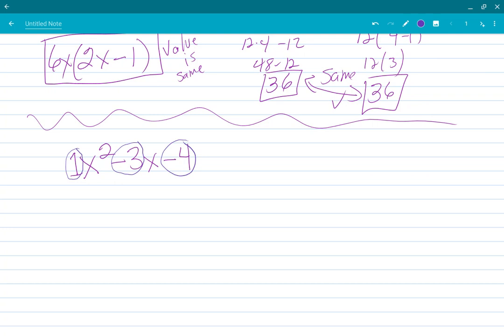No, right? Do they all have x's? This one has x. This one has x, but this one does not have an x, right? So we can't divide it by x. Does that make sense? If you divide by x, you got to divide everything by x. So this is the hard stuff right here.